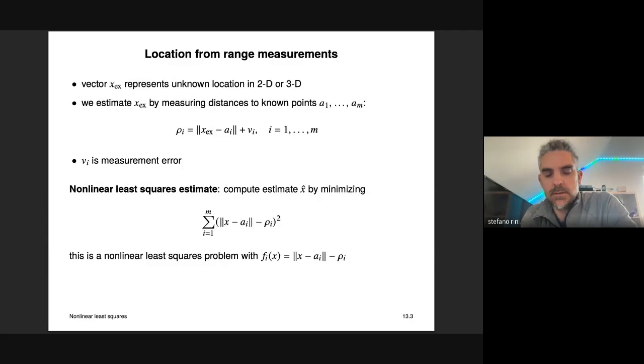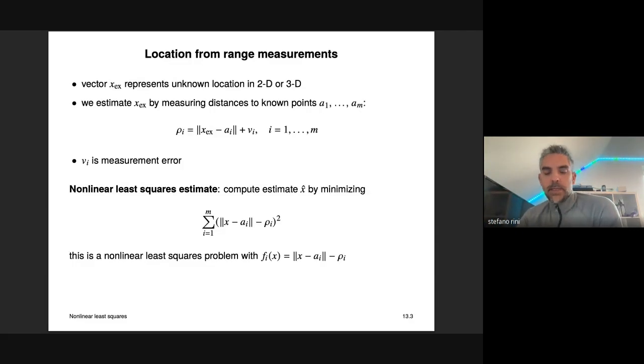Then the nonlinear estimate will be to compute the position of x given all these measurements, and rho i will be the distance that you measure. The ai is the known position, and so the problem we're trying to solve is the norm of x minus ai, minus rho i. This will be the ith component, and you want to minimize this term.